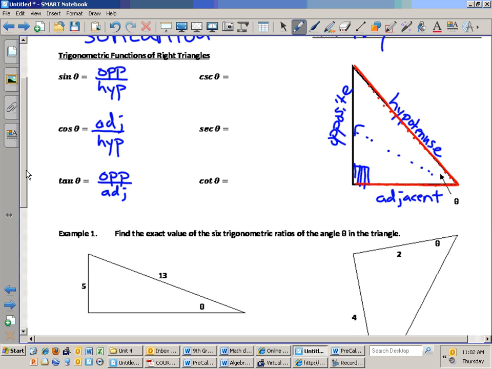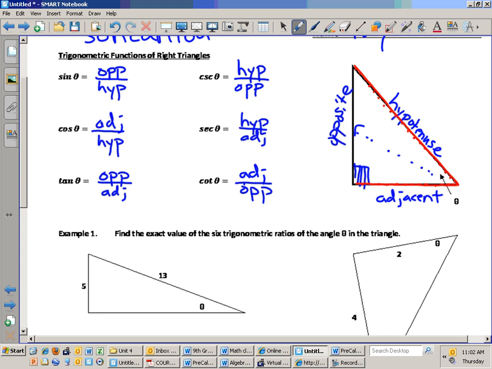If you take the reciprocal of sine, cosecant, you should get the hypotenuse divided by the opposite. You would get the hypotenuse divided by the adjacent, and you would get the adjacent divided by the opposite. I'm sorry. Are there any questions about where these definitions come from or these ratios?